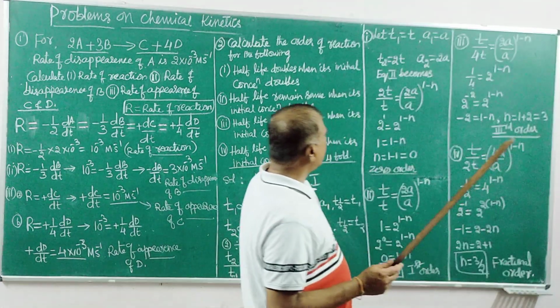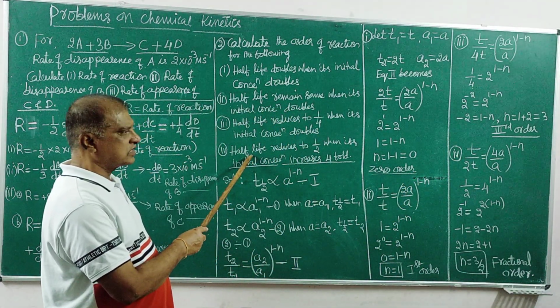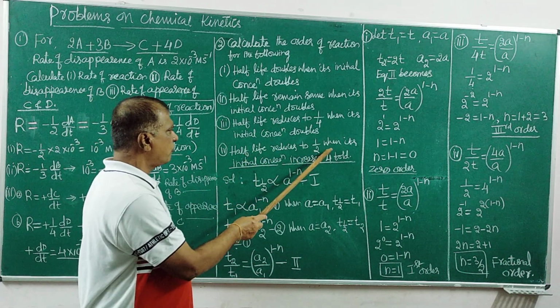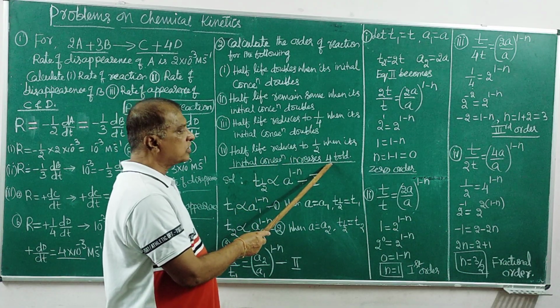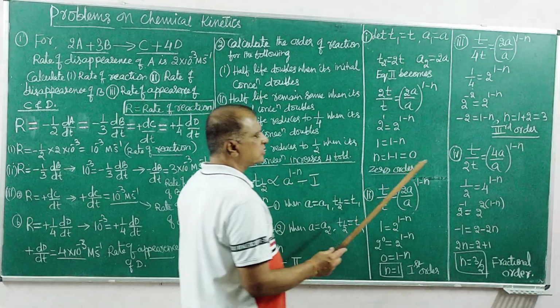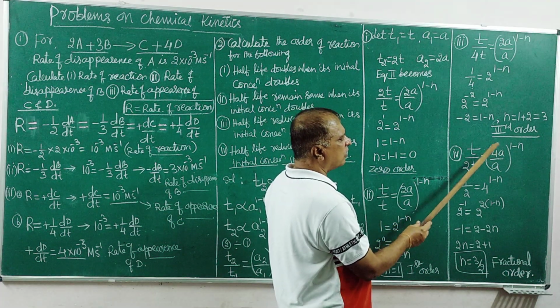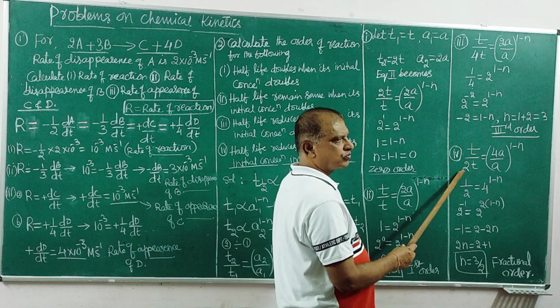Let us see what is the order of the reaction when this is the experimental data. Half-life reduces to 1 by 2 when its initial concentration increases 4-fold. The initial concentration is increased by 4-fold, 4A. Half-life reduces to 1 by 2, T by 2.